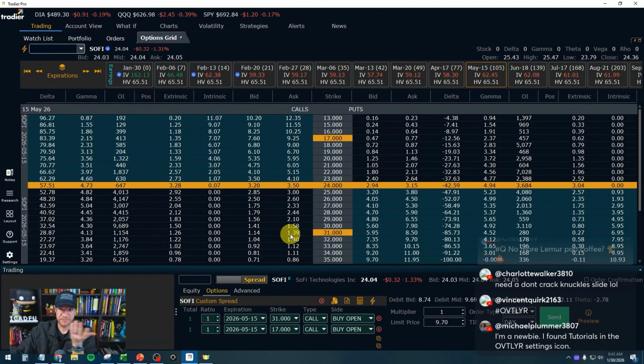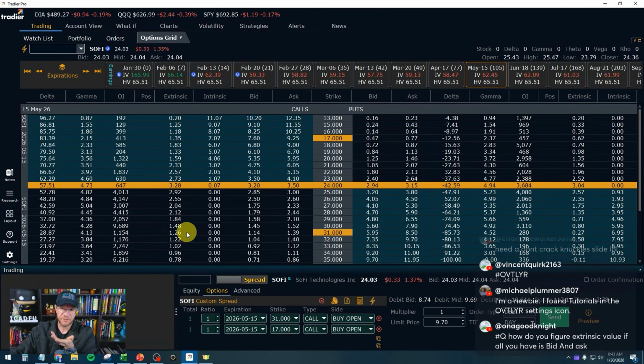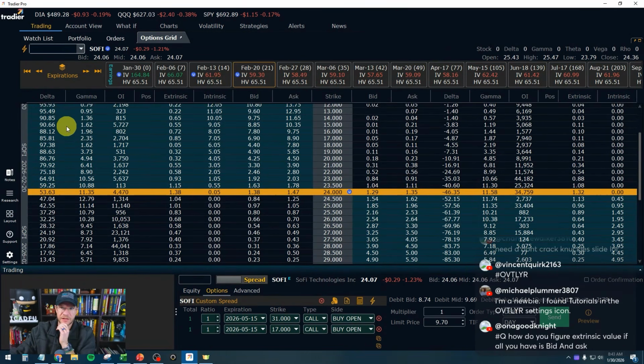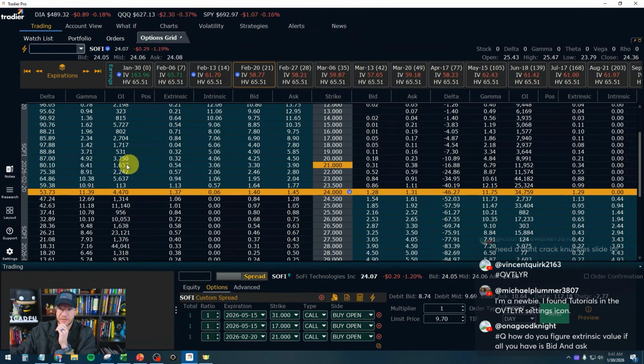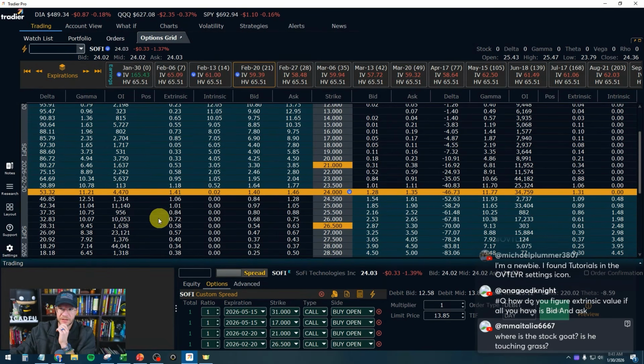So for this example, it doesn't fit my thesis because I don't trade this far out in the future. But typically, where I like to trade, let's go to 21 days here. Let's go for the 80 delta here. And then let's do the 30 delta here. This one at 58 cents costs a little bit more in extrinsic.